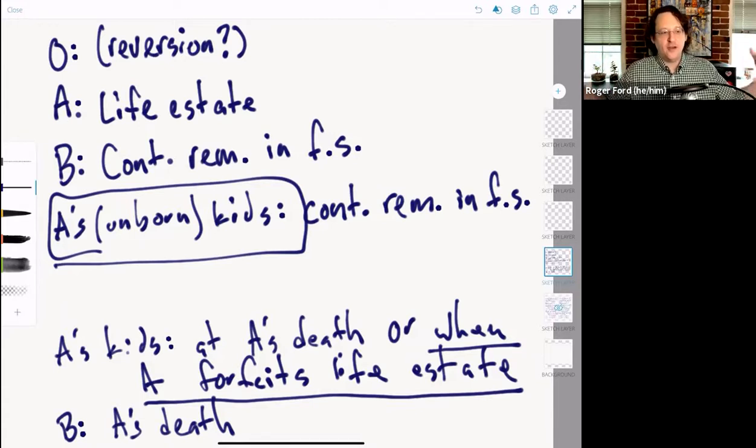So that's evaluated completely separately. It's like if it said to A for life and then to A's children and their heirs, but if the Penguins ever win the World Series, because all the sports have swapped players or something, then to B and her heirs. It just has nothing to do with A's life estate. Gotcha. Okay. Thank you.